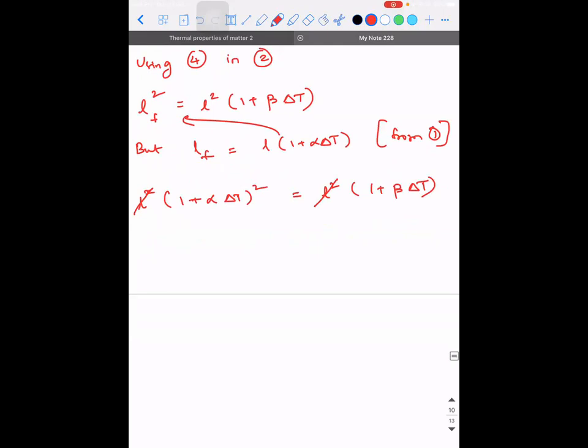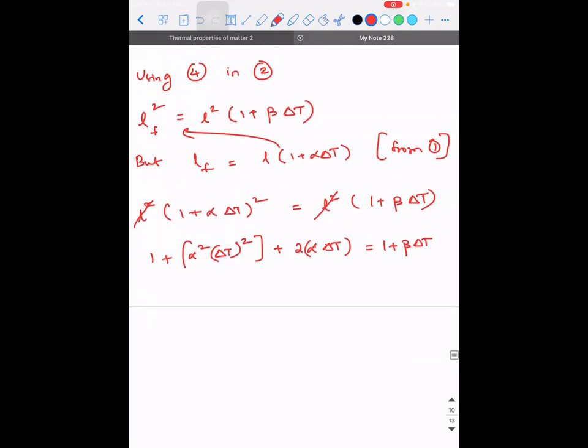So tell me, what is the expansion on left hand side? It is 1 plus alpha square delta T square plus 2 alpha delta T is equal to 1 plus beta into delta T. Am I right, guys?